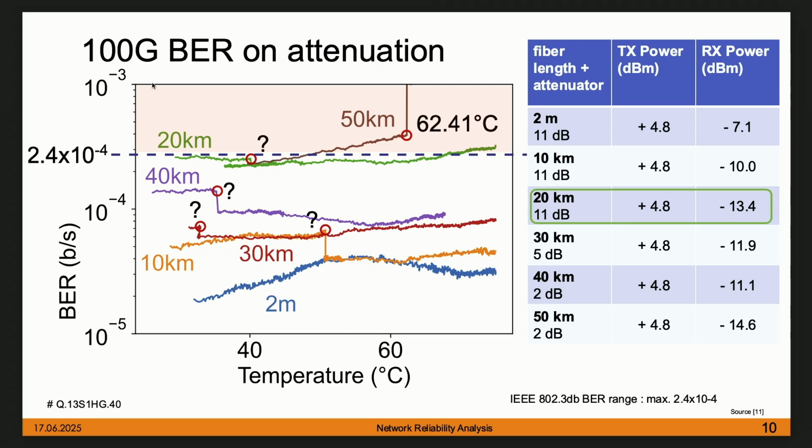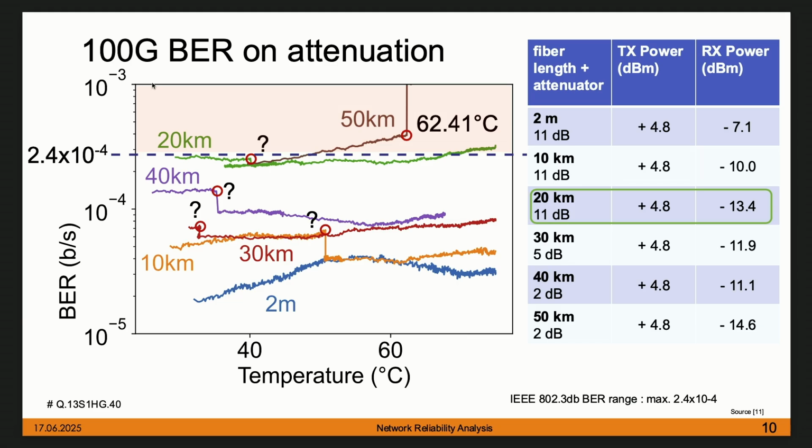And what did we find there? On the x-axis we have the temperature while it's operating, and on the y-axis it's the bit error rate, typically counted in exponents, so 10 to the power of minus 5, minus 4, and the smaller the exponent, the weaker our signal is, or the more errors we have in that signal.